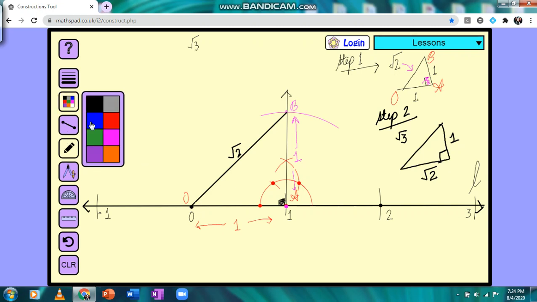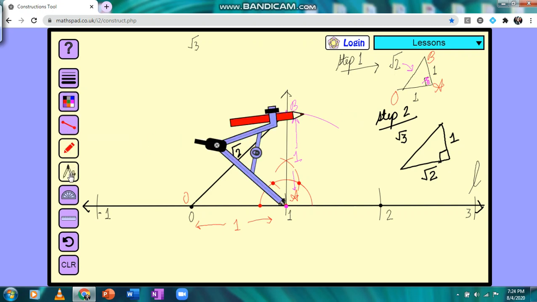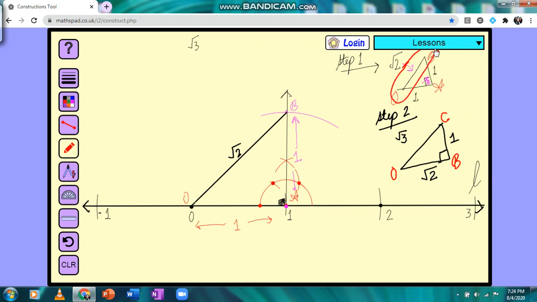I'm going to name this triangle as O, B and C. So the hypotenuse of this triangle is now the base for this triangle. So I'm going to take this side as the base. This will be now the base, and I want a perpendicular here, and then the triangle will be over here.